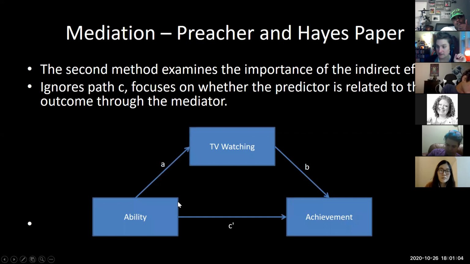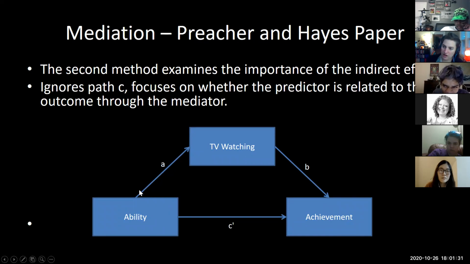So I really like Hadley's example better. Is the only reason that percentage of non-white students is related to the failing grade or not failing grade that the district gets, that it's only related because non-white students is predictive of the percent of teachers who are highly experienced, which is then related to achievement?